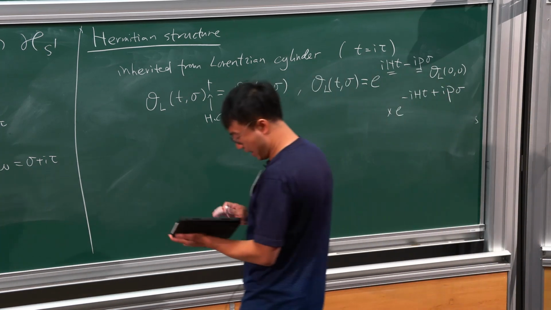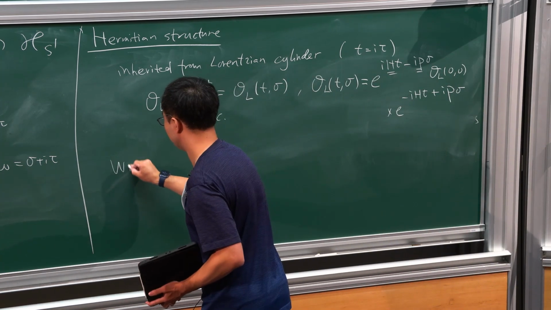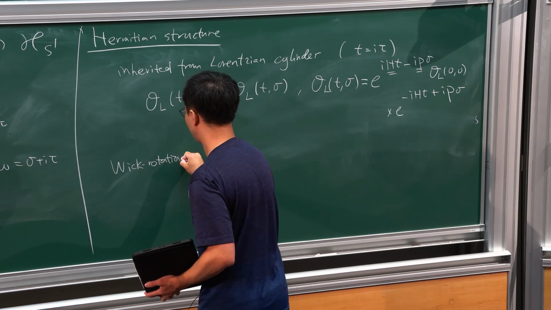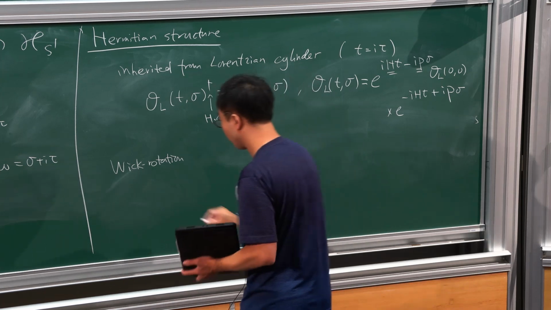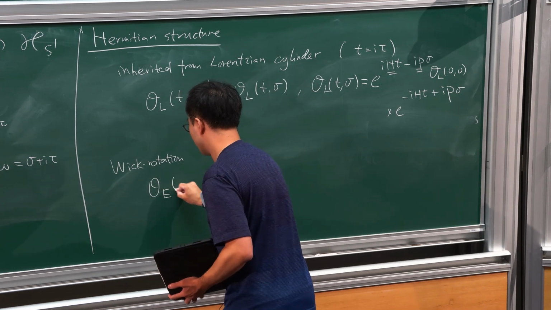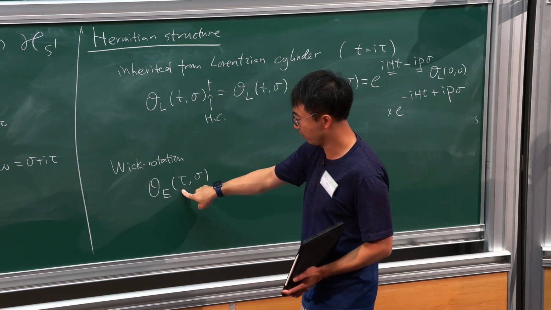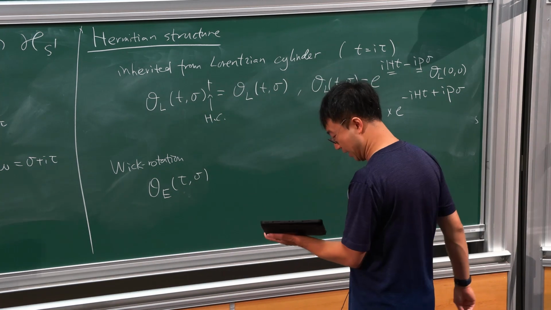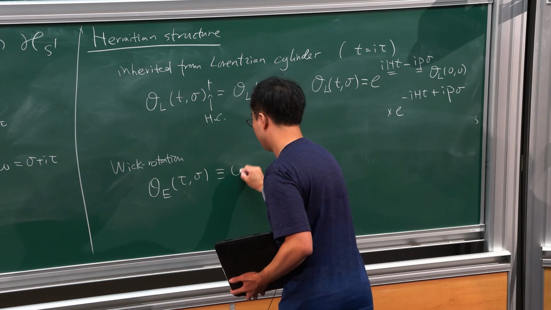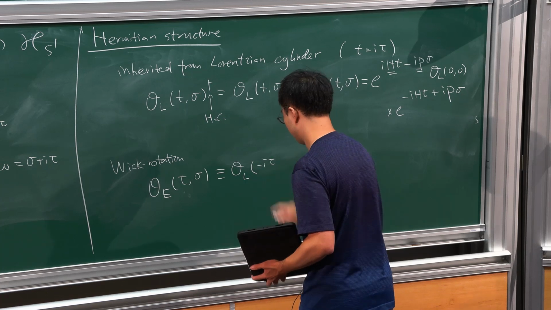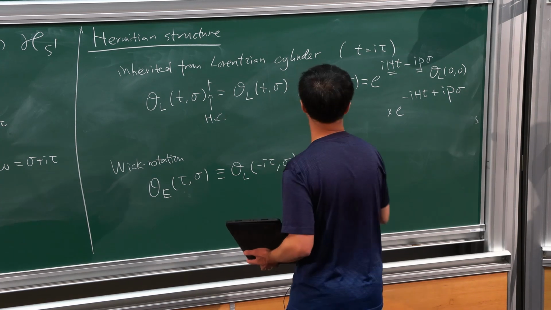Now, remember that after Wick rotation, the operators on the Euclidean cylinder with tau and sigma as coordinates are related to the Lorentzian operators by this coordinate redefinition as follows. I'm using this convention.